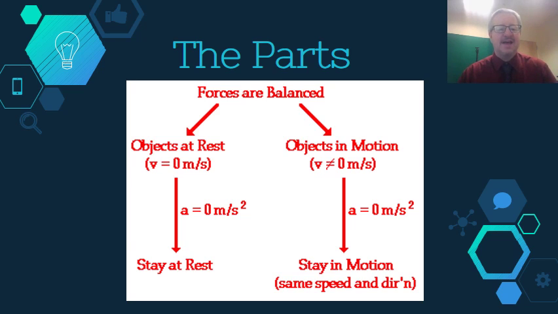The first is that objects at rest tend to stay at rest. And so in this diagram you can see that there are some mathematical equations involved here. What this is telling us is that velocity is 0 meters per second, right? That would make sense because the object is at rest, it's not moving.